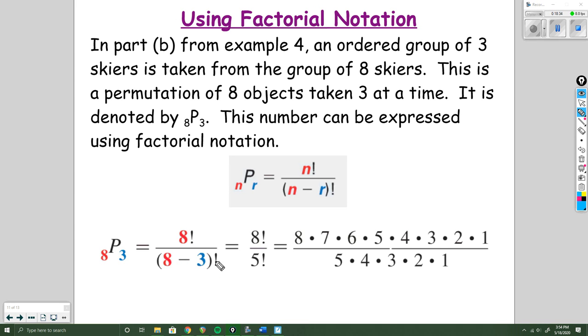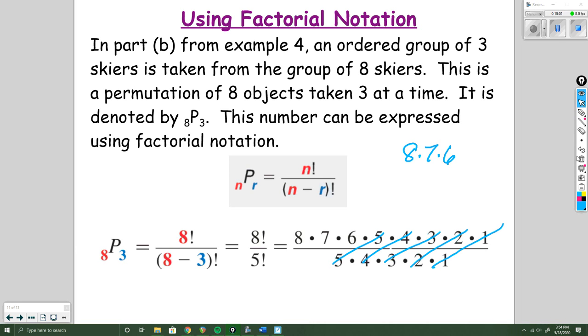And 8 minus 3 factorial is just 5 factorial. If we write it out, we can see why in the last example it was just 8 times 7 times 6. 8 factorial is the number of ways that all 8 of those people can finish. But if we're only concerned about those first three places, we don't have to consider those last 5 places.